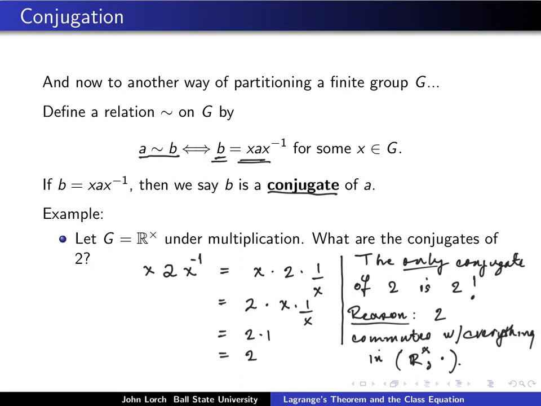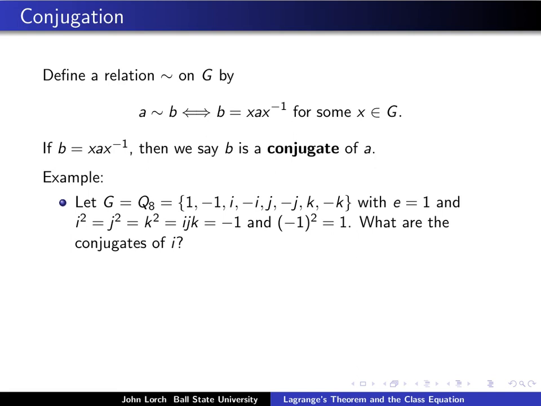So that should tell you that in an abelian group, if you start with an element in that group, the list of conjugates is not going to be interesting. It will just consist of that element you started with.